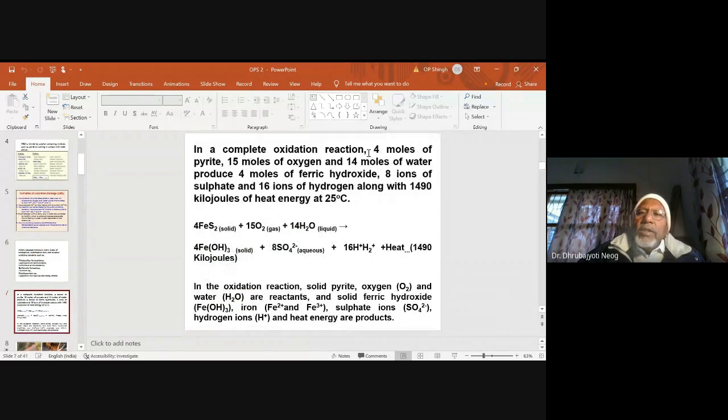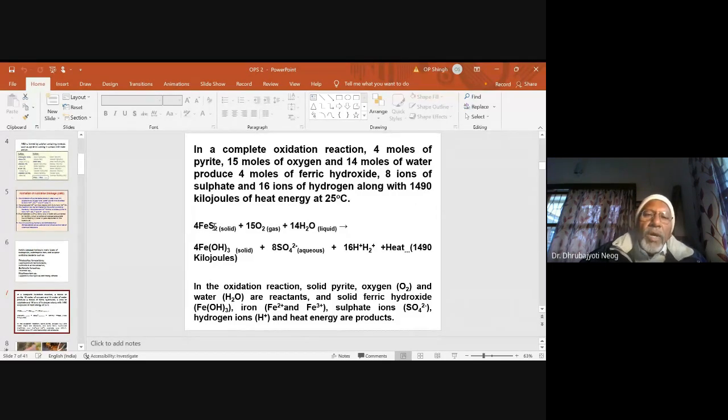In a complete oxidation reaction, 4 moles of pyrite, 15 moles of oxygen, and 14 moles of water produce 4 moles of ferric hydroxide, 8 ions of sulfate, and 16 ions of hydrogen, and then it generates 1419 kilojoules of heat energy at 25 degrees Celsius.